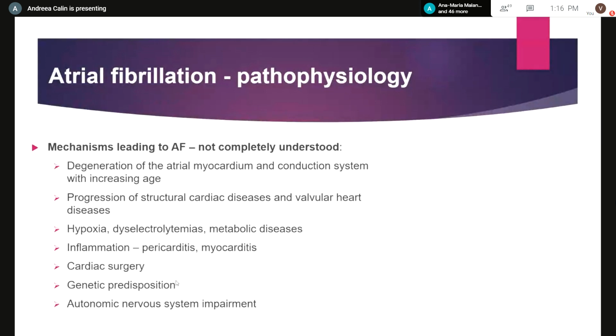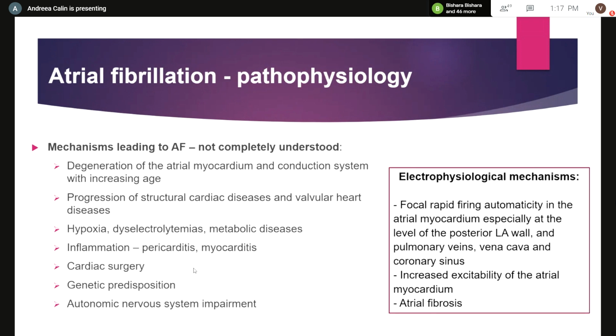The mechanisms are not completely understood, but degeneration of the atrial myocardium may play a role, and also the progression of structural cardiac disease and valvular heart diseases, and inflammation in pericarditis or myocarditis that can lead to development of atrial fibrillation. Cardiac surgery is also important, and there is also a genetic predisposition to developing atrial fibrillation.